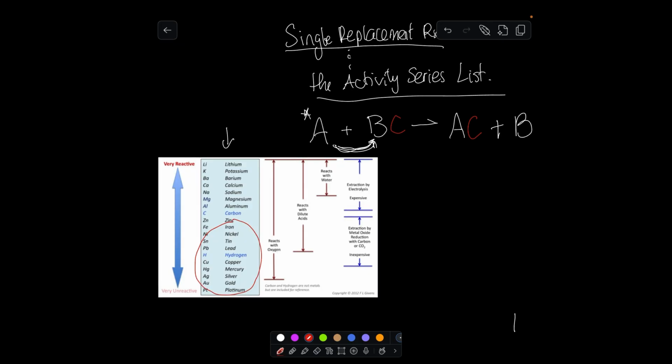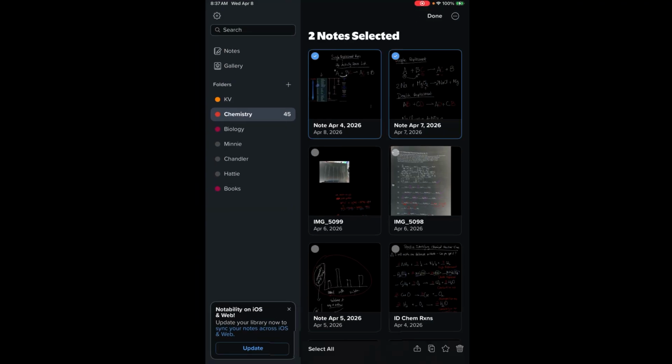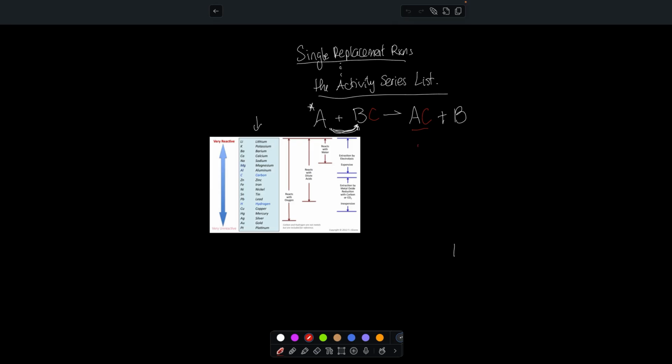They are very unreactive. And so if A is more reactive than B, then the reaction will proceed. But if A is not more reactive than B, then there will be no reaction.